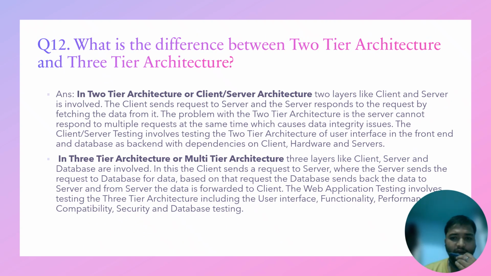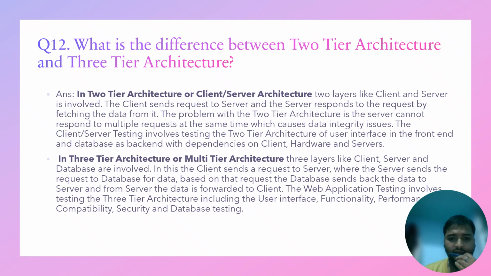What is the difference between two-tier architecture and three-tier architecture? In two-tier architecture, or client-server architecture, two layers, a client and a server, are involved. The client sends a request to the server and the server responds to the request by fetching the data.